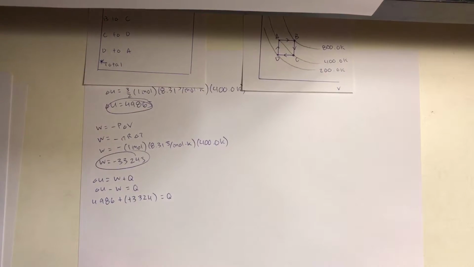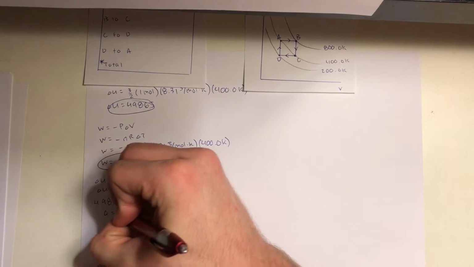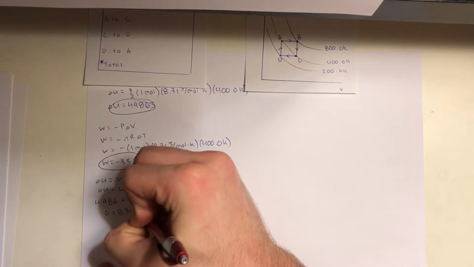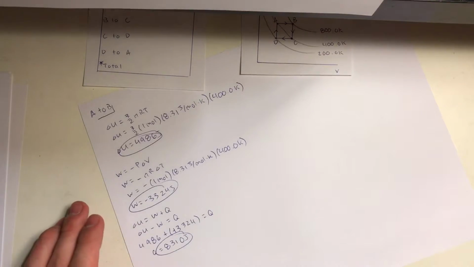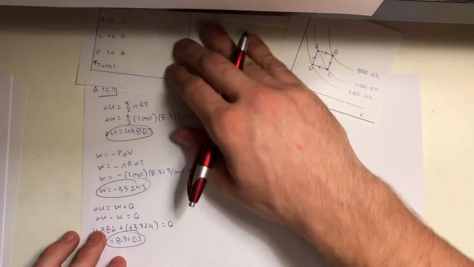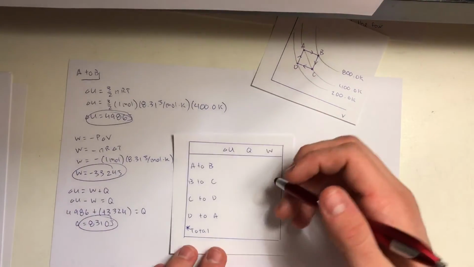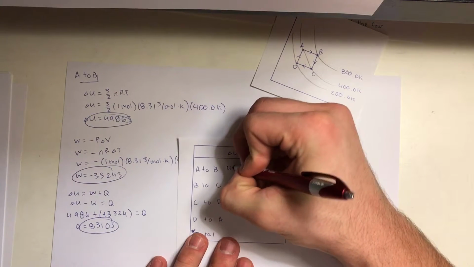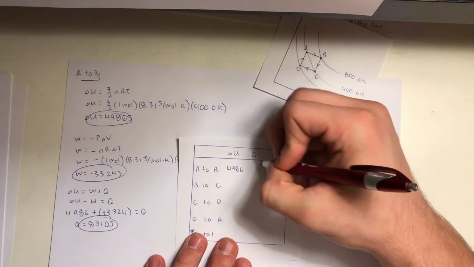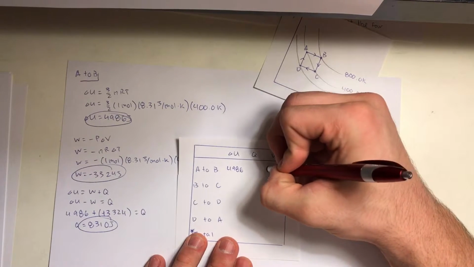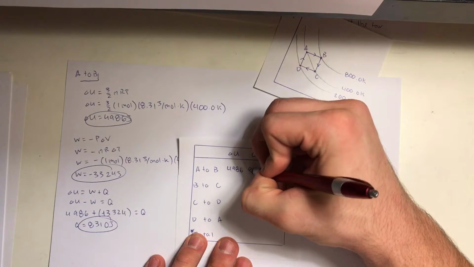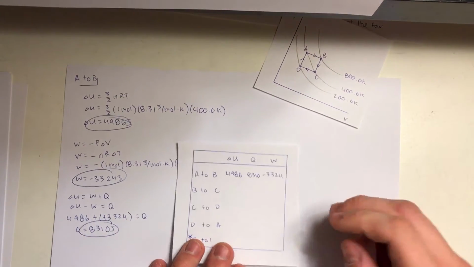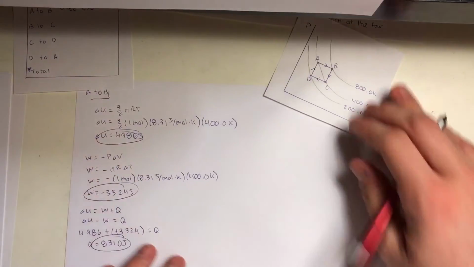It's going to be addition, and that is 8,310. So we have all the variables for the first process, A to B: 4986, 3324 and 8310. Cool. Come back to that.